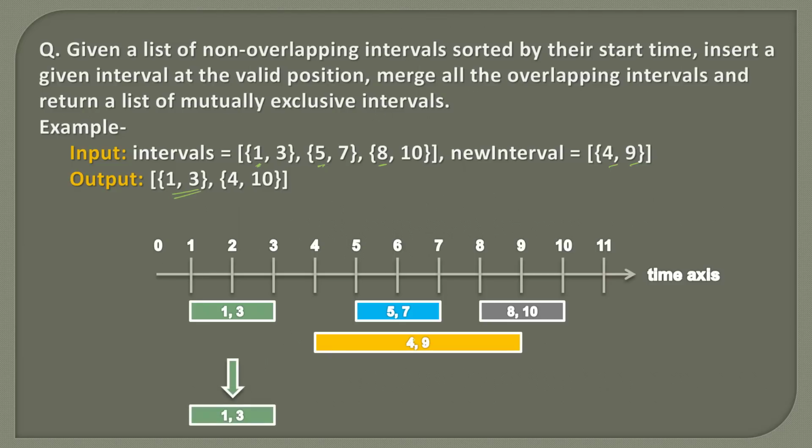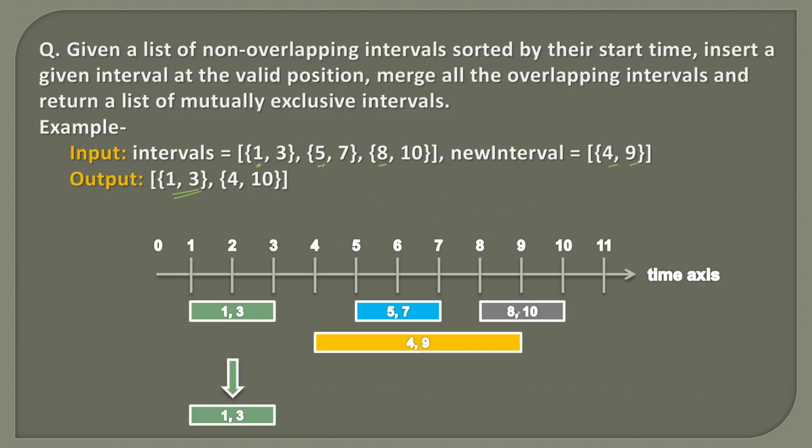Now here you can see when we insert 4, 9, it will affect 5, 7 and also 8, 10. As 4, 9 is completely overlapping 5, 7, if we put 5, 7 on top of 4, 9, that means merging of these two intervals will not get affected because 4, 9 already completely overlaps 5, 7. But in this case, 4, 9 is ending at 9 and 8, 10 is ending at 10.